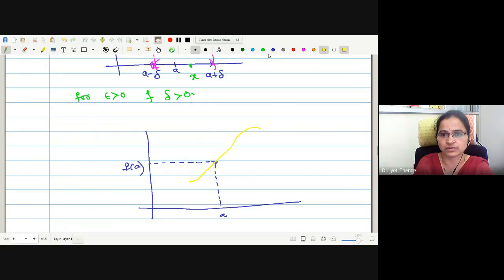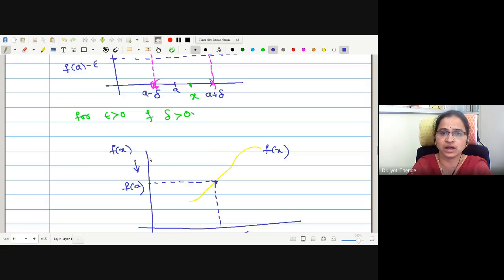Let this be a curve. We don't know the nature of the curve. We want to check whether at this point the function is continuous or not. Now whenever we say that x tends to a from the right or from the left, then this f of x must tend to f of a.